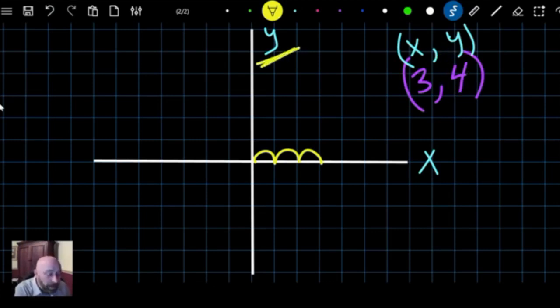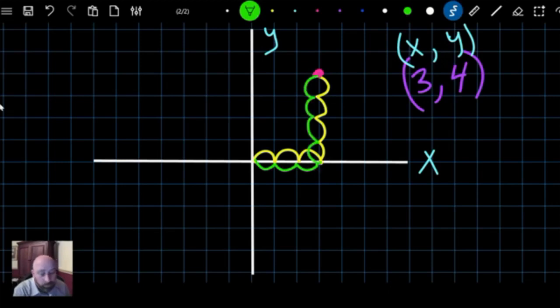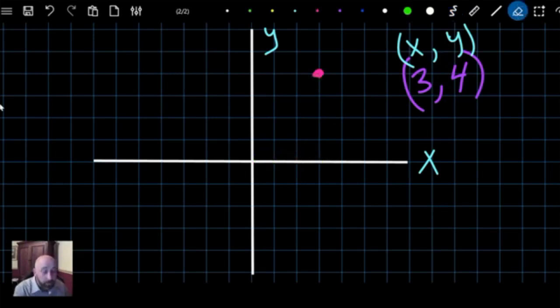Because this is our y line, and 4 is positive, so we're going to go up. So we're going to go 1, 2, 3, 4. And our point is going to be right here. I'll do it one more time. So 1, 2, 3. All right, and then we're going up 4. 1, 2, 3, 4. Right there. Okay, so that's the way that you count that out when you're graphing these coordinate points.